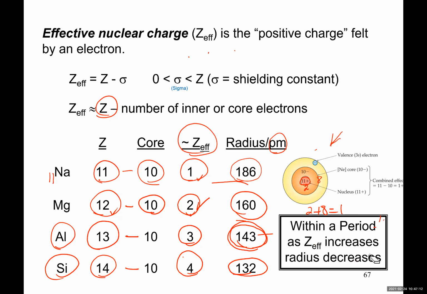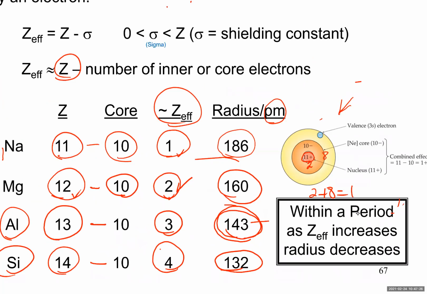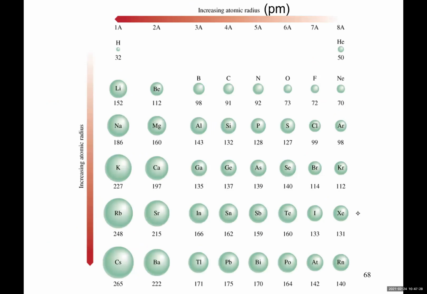And we see this effect by going to the periodic table. As effective Z increases, the radius of the atom decreases, and the atom becomes smaller. And that's what you see.